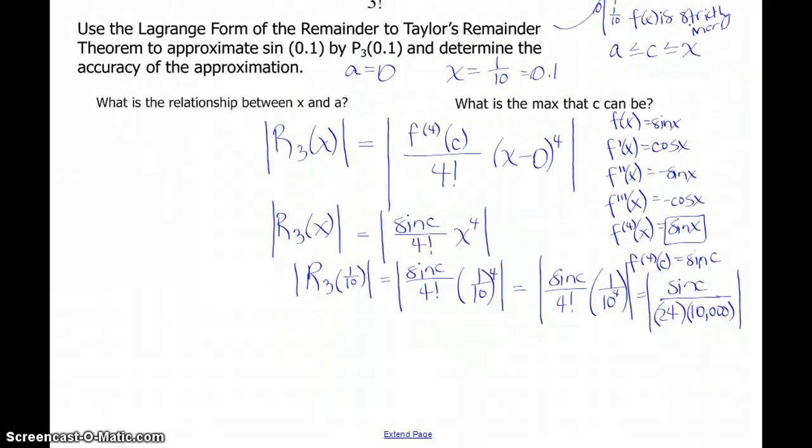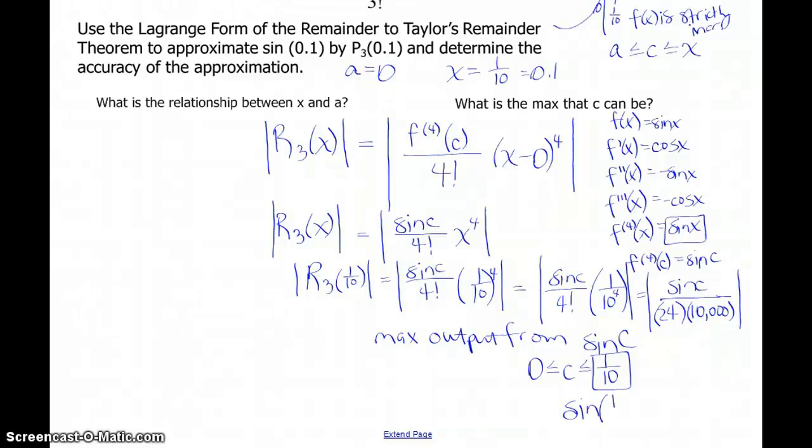Now I want the max output from the sine of c, where c lies in that interval. Well, I know we have a strictly increasing function, and I know that the right endpoint, since I'm not in the denominator of a fraction, is going to be the maximum error.